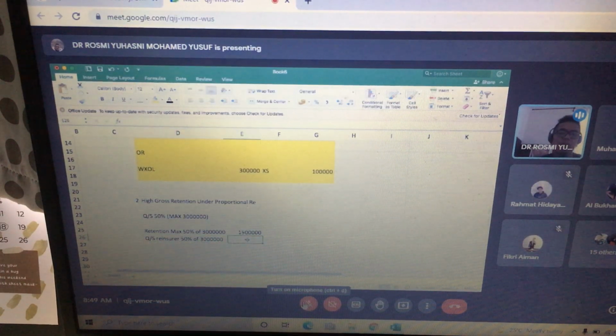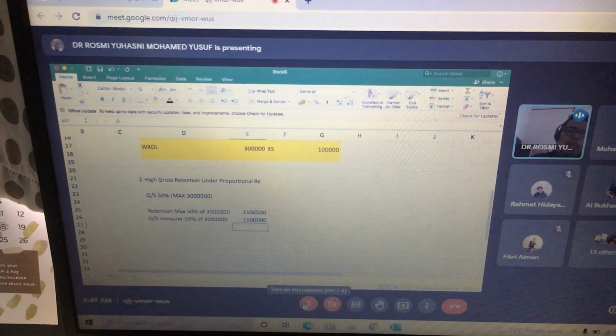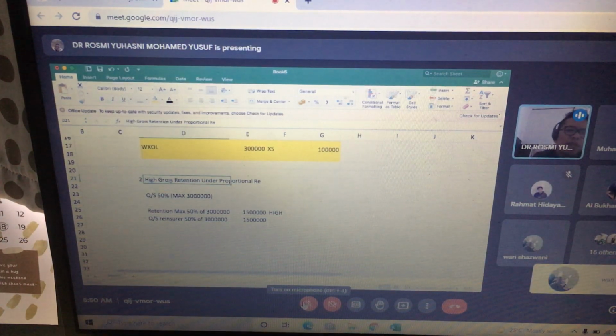So equal amount. So knowing that sekarang dia punya retention is quite high, 1.5 million retention per risk can be considered as quite large, besar. Meaning that it is high gross retention. Insurer is having this high gross retention for each and every risk.